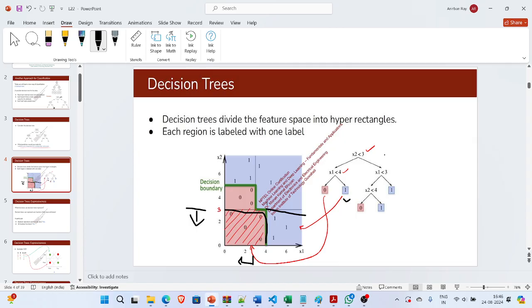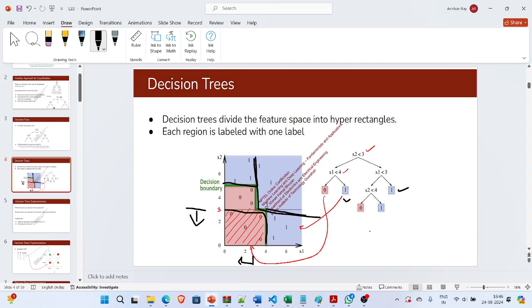This is the line. So this is already 0. If x2 is less than 4, then 0, and if x2 is greater than 4, then in this situation it is 1, so this box.